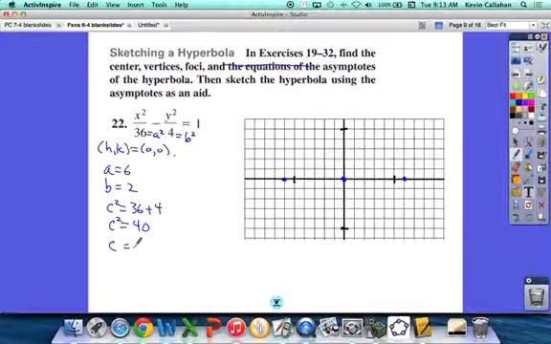That makes C halfway between 6 and 7, probably around 6.4. You could put it in the calculator to get more accurate, but we just need to place it on the graph appropriately. Yeah, 6.4.